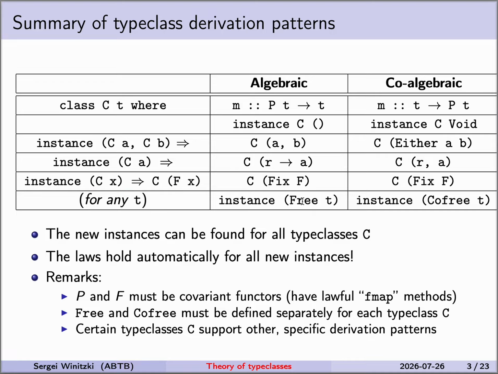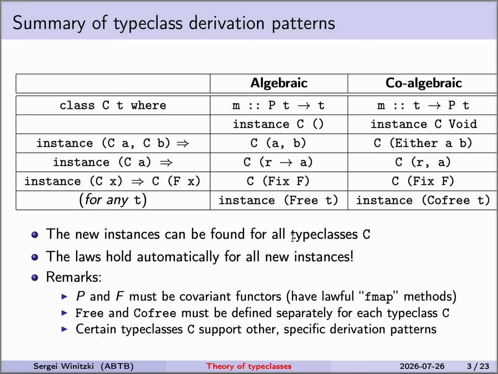Finally, there are so-called free and so-called co-free instances. In other words, if T is any type whatsoever, then there's a type constructor that always creates an instance of this type class, and that is called a free instance of that type class.